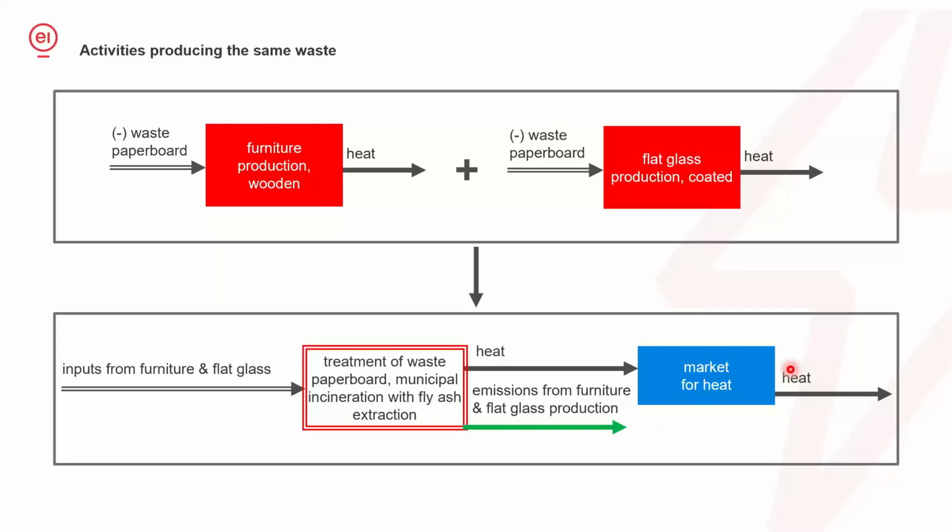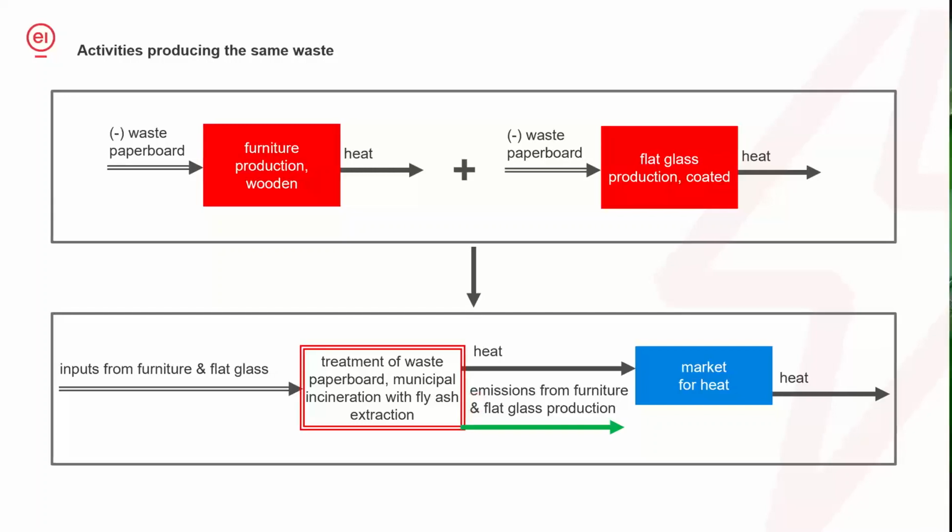So, to explain it in different words, we have an aggregation of all the activities that produce heat, and we have a data set that has many different inputs and outputs. This data set may be harder to read in the database, especially in the case where it produces municipal waste incineration. So it gets a lot of inputs and outputs from many, many different activities.